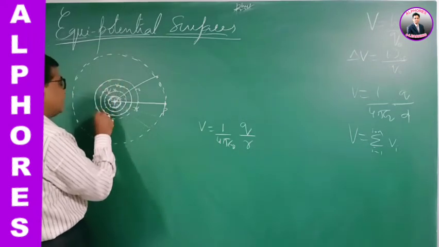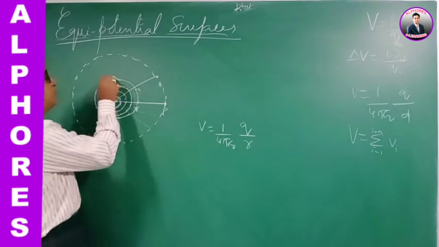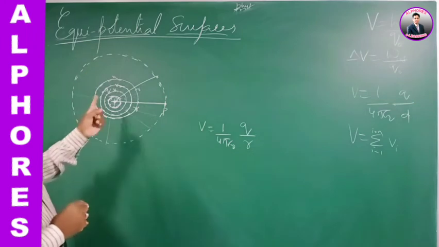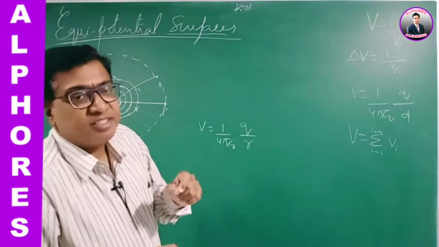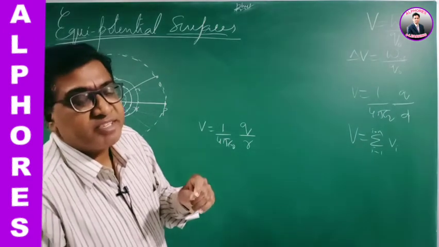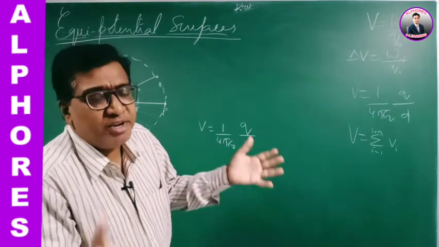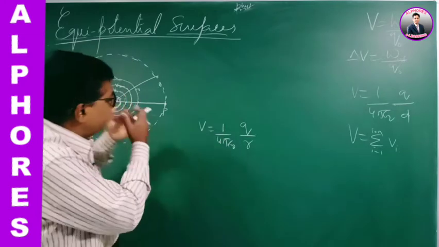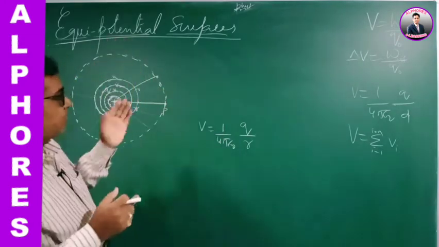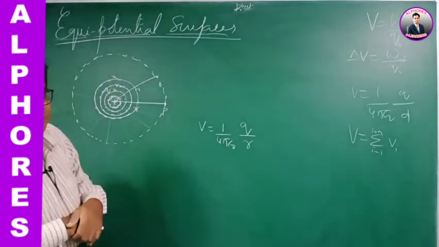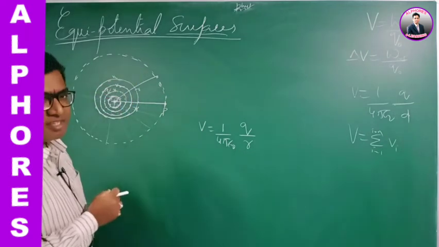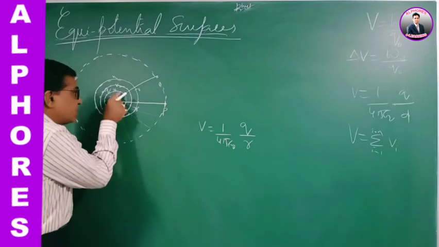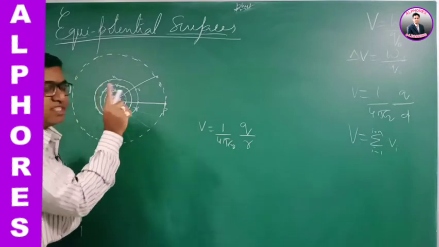The third layer has potential V3. So for a point charge the equipotential surfaces are a family of concentric spheres, infinite in number. On different surfaces the potential is different, but at any point on the same surface the potential is the same.